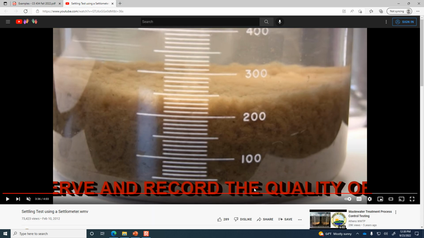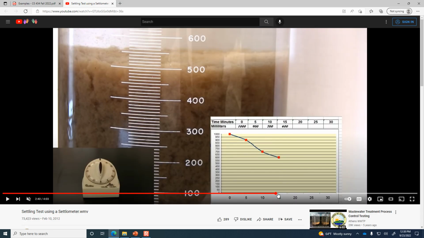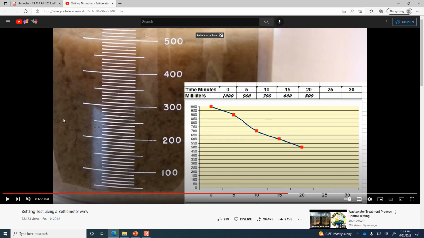So let me go back to the video. Okay, so under here is a lot of water that's having to be squeezed upward through this sludge blanket as it's settling downward. And so some of the small particles that maybe wouldn't have been trapped as easily get trapped because there's this mesh of solids across the top that's kind of like a sponge or a screen.